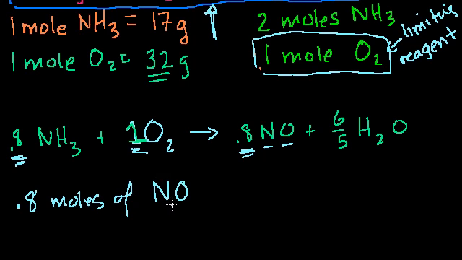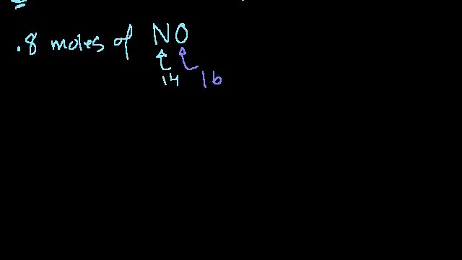So what's the molecular mass of nitrogen monoxide? Nitrogen is 14 atomic mass units. Oxygen is 16. We've done that before, but you can confirm here.